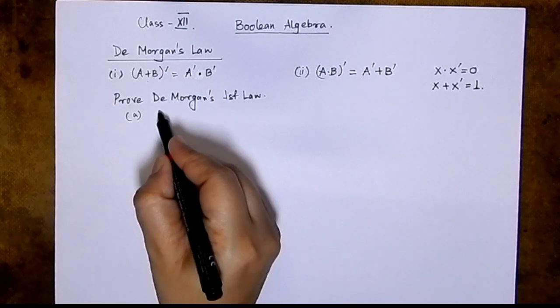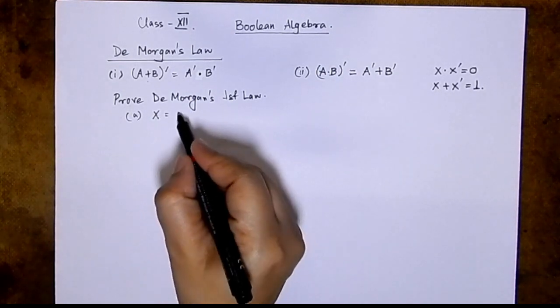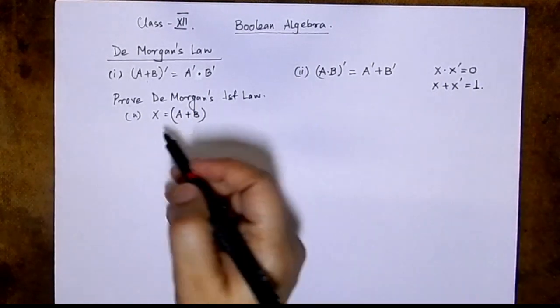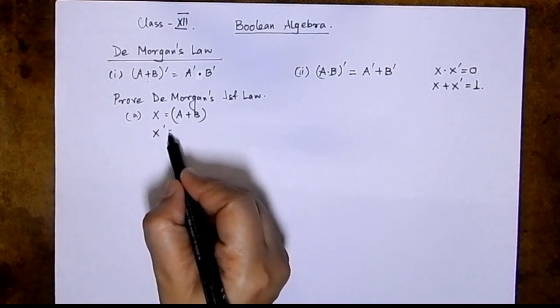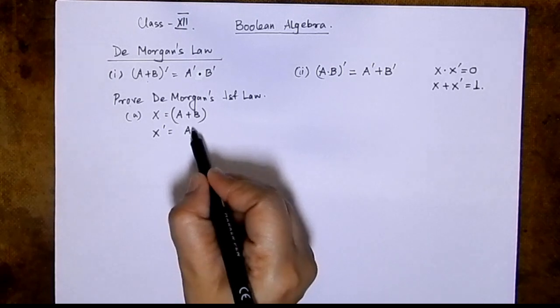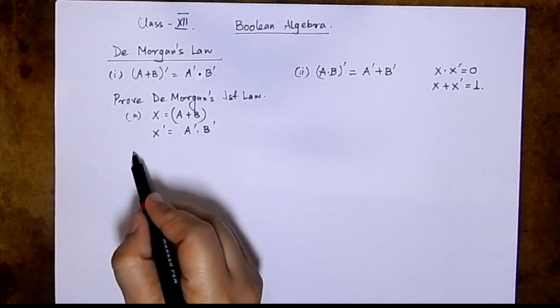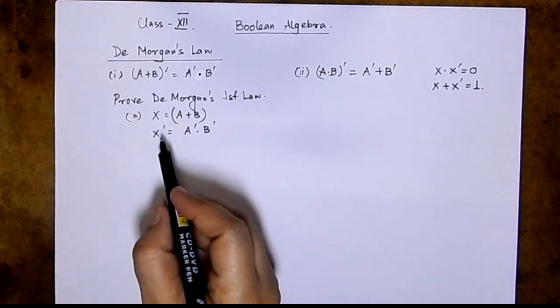So here x is equal to a plus b, and x dashed, according to De Morgan's law, they are saying it is this. You have to prove it. What you need to prove is actually two things.